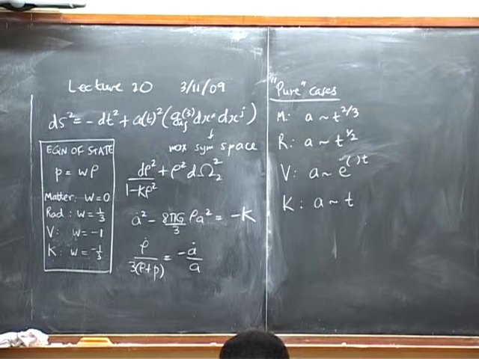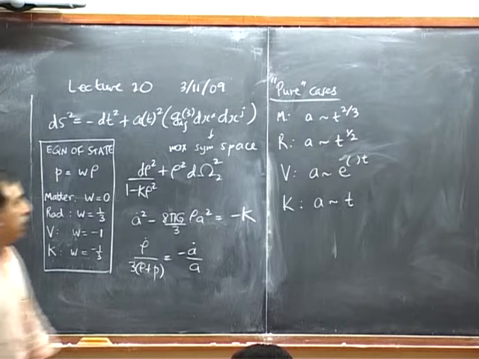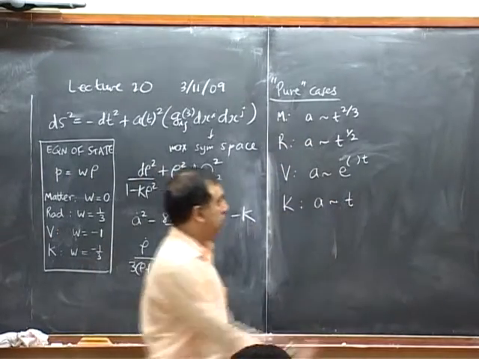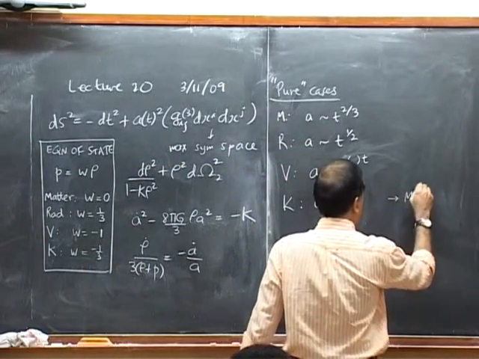There are 2 things left incomplete. One of the things we discussed last time was the Milne universe, which is the case where there is only curvature and nothing else. So it's a linearly expanding universe. The pure cases give the Milne universe.